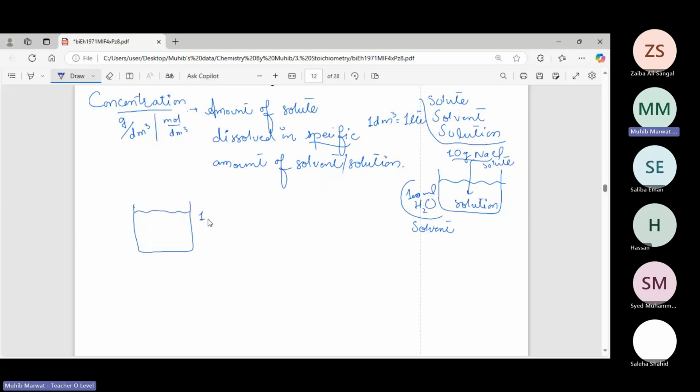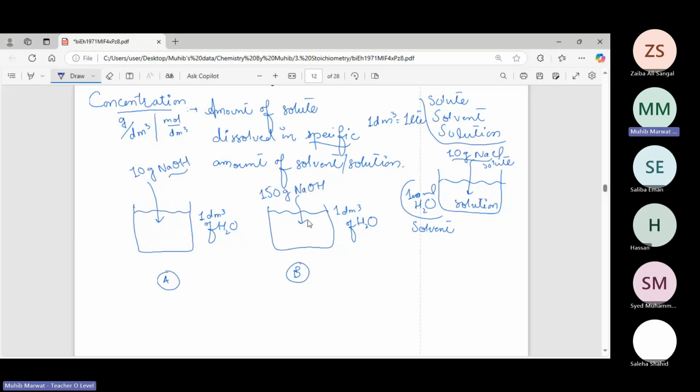This one contains 1 liter or 1 dm cube of water, for example container A. We also have another container with the same amount of water, container B. We are going to add 10 grams of, for example, NaOH, sodium hydroxide, and this 10 grams of sodium hydroxide is completely dissolved in 1 dm cube of water. Same is the case with this one. We are going to add 50 grams of sodium hydroxide, and this also gets dissolved.